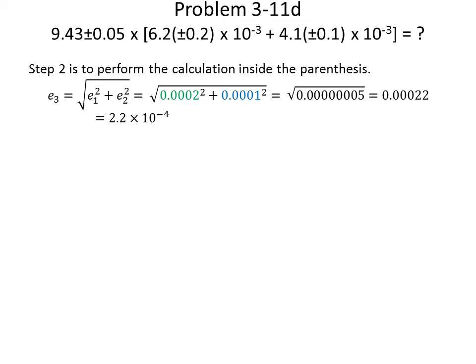by squaring 0.002, which is E1, plus 0.001, which is E2. The sum of these squares is shown as 0.00000005. The square root of that number is 0.00022, or 2.2 times 10 to the negative 4.